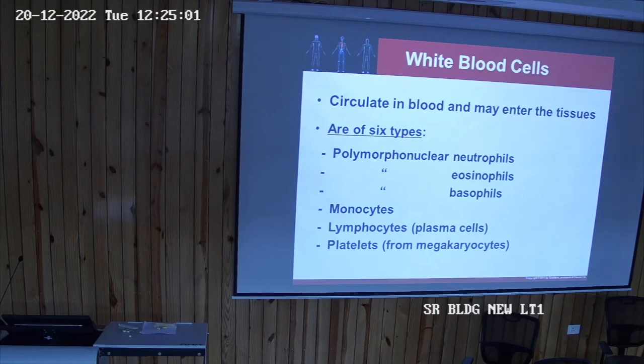N1 means single lobe nucleus, N2 means double lobe nucleus, N3 means triple lobe nucleus. So we are studying only neutrophils, and on what basis? On the basis of the nucleus. That study is called the Arneth count.